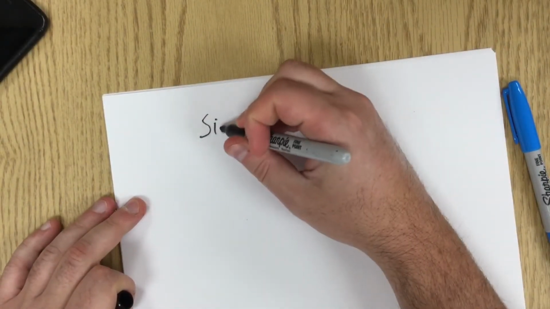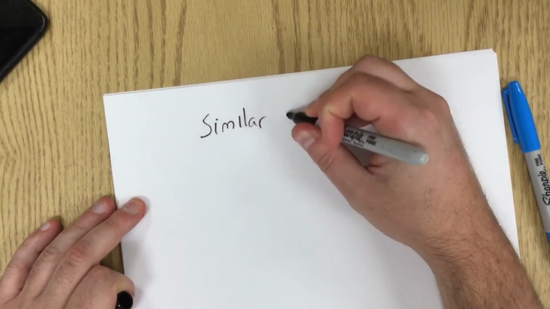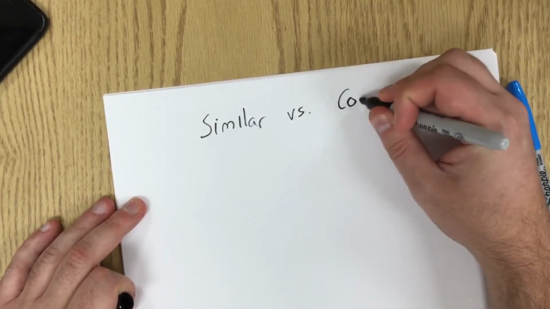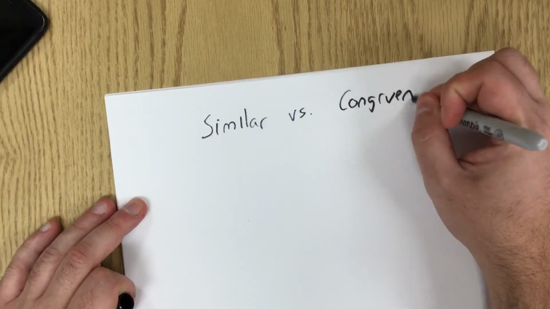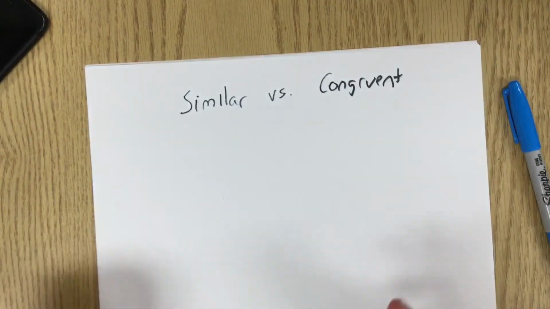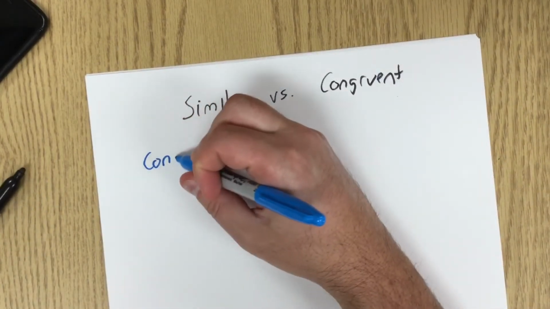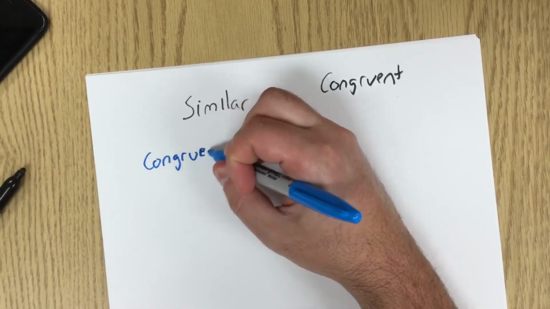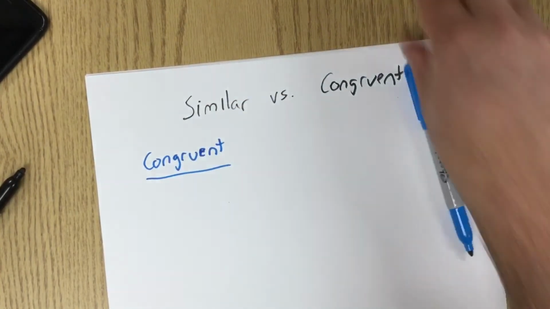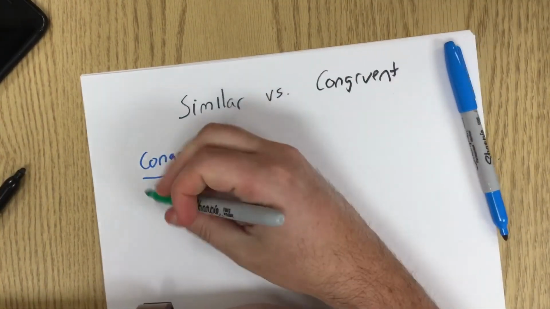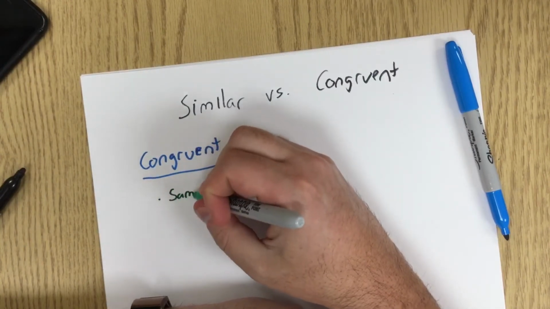Now, similar versus congruent triangles. So congruent means something. If you have congruent shapes, then they have the same angles.